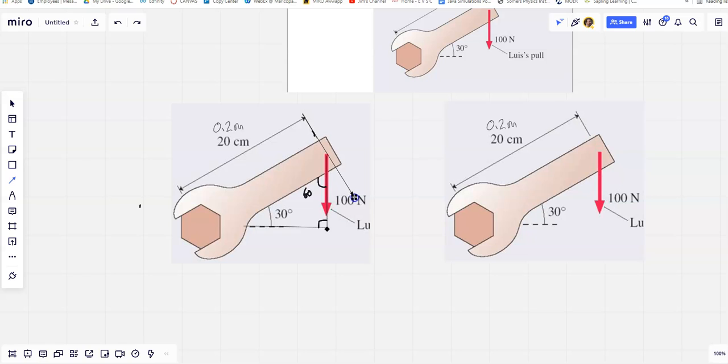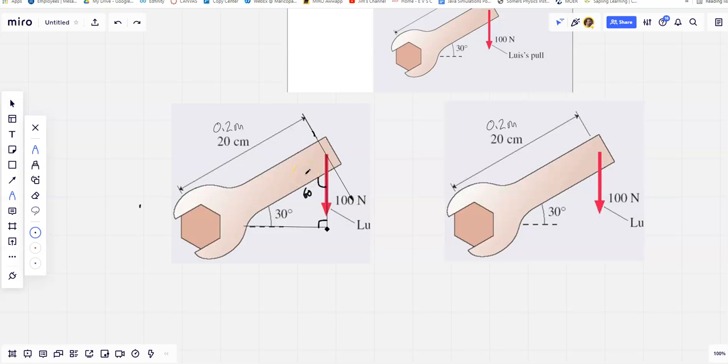Looks like arrows are the way to go on here. Well, this part, that's 60 degrees, okay? What we've done is draw a line through here, and this is a 90-degree angle.